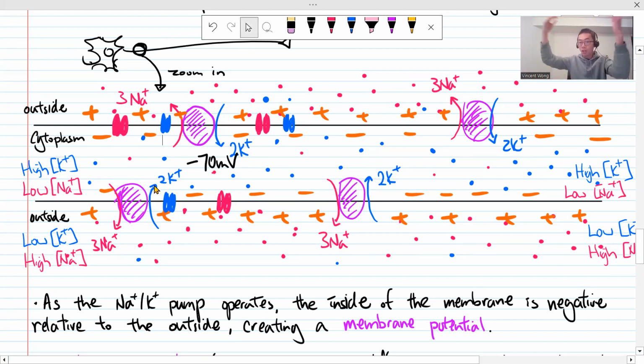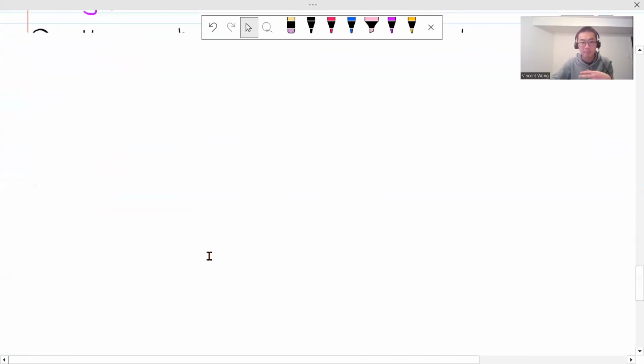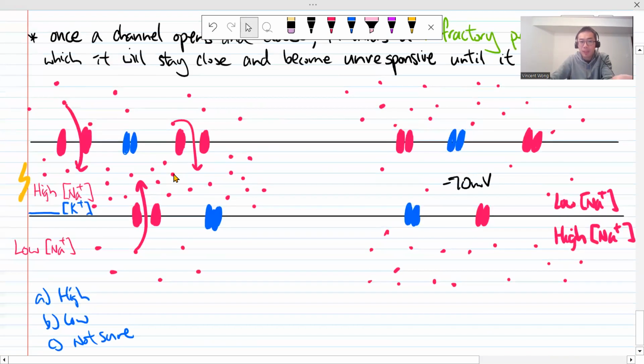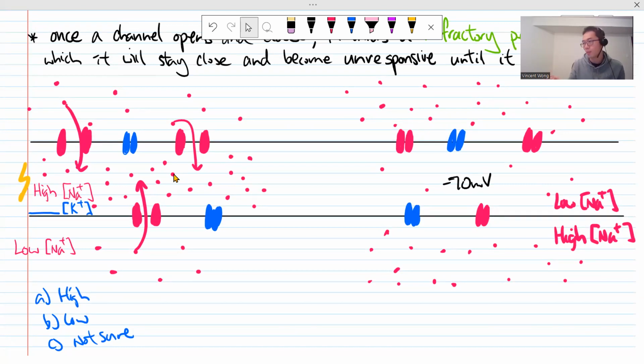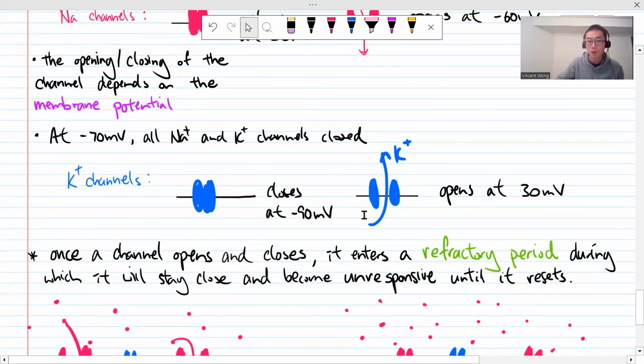So you got all the sodium pouring in, but the potassium has nowhere to go. They want to leave, they can't, because the doors are not open yet. The channels are not open yet. They don't open until what number? For the blue channels, they don't open until positive 30. Okay? Which causes the jump?